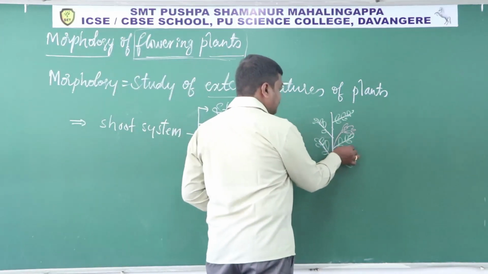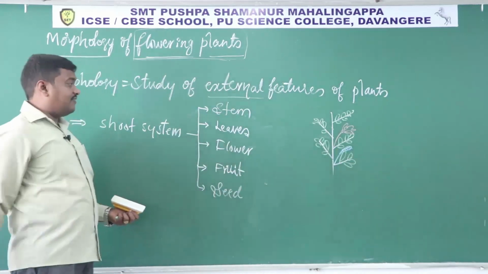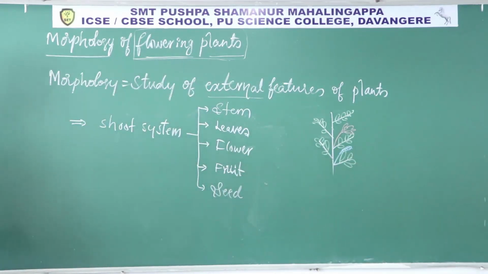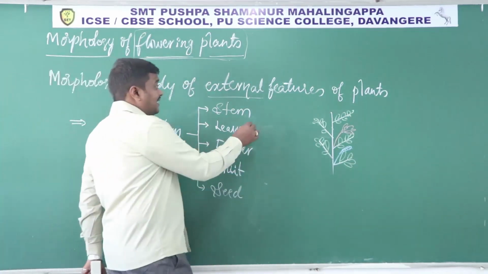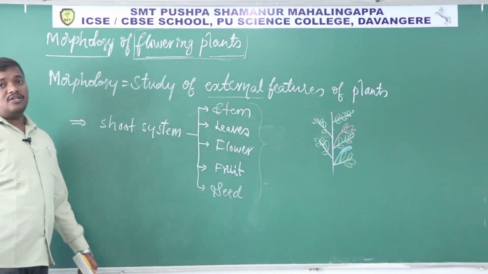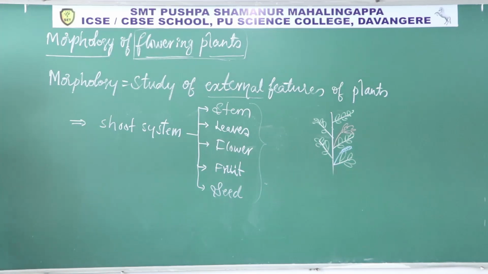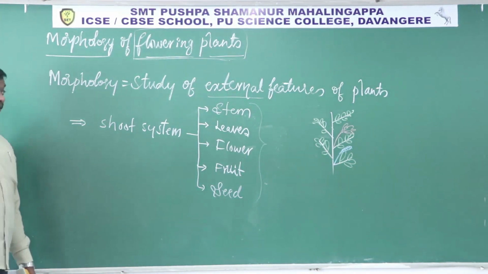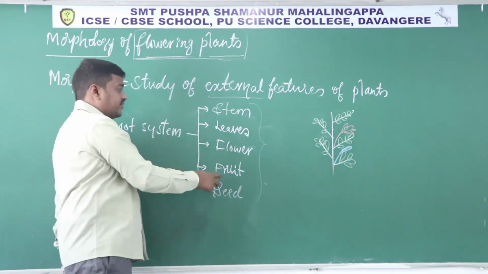Sometimes the seeds split open and fall into the soil. So these are all the external features you can observe immediately if you look at any kind of angiospermic plant.